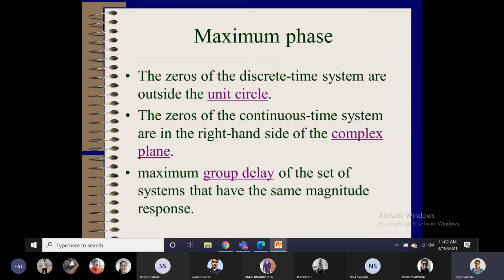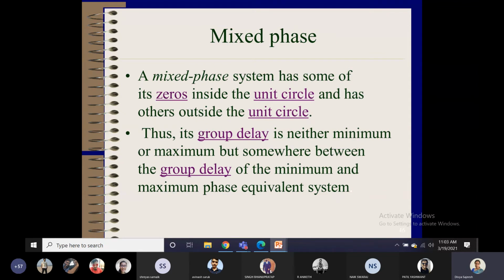So whenever a signal passes through a system, there will be a phase difference between the signal at the input and the output of the system. How much delay happens depends upon the characteristics of the system. If it is a minimum phase system, the system will be more stable and the delay will be less, whereas for maximum phase the delay will be maximum, and for a mixed phase system it will be somewhere between the maximum and the minimum phase system.